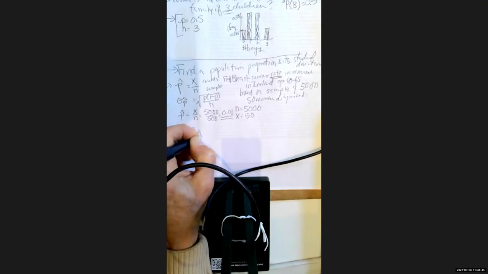I want to find the standard deviation for that because we always find that as well. And that's going to be the square root of P times 1 minus P over N. And I found my P up here, so I'm going to use my P hat.